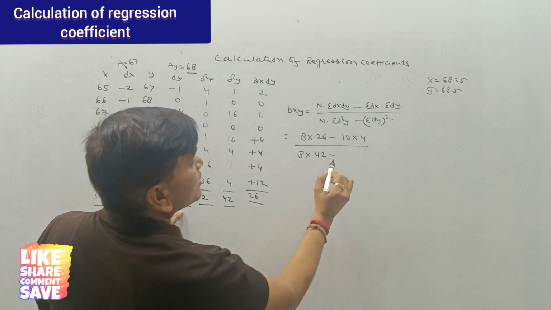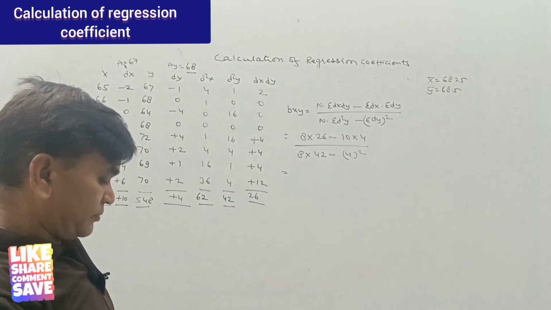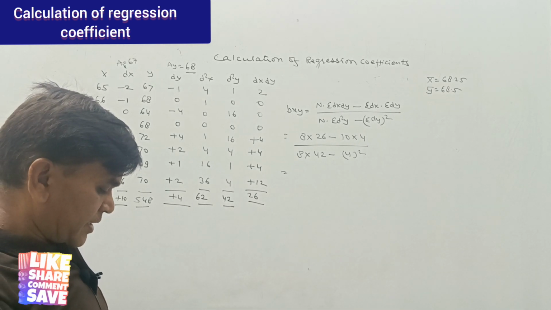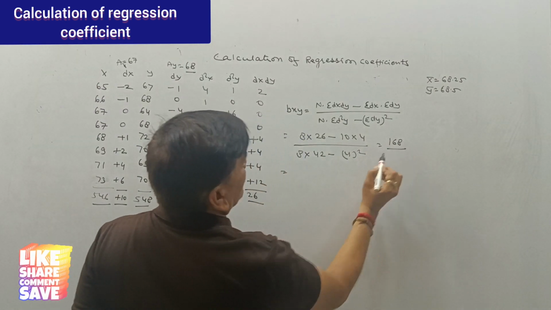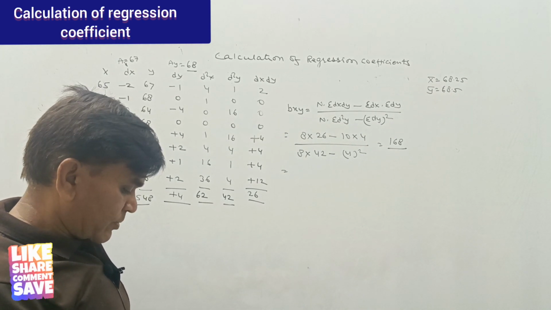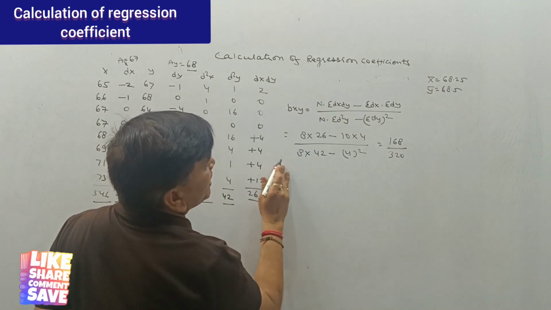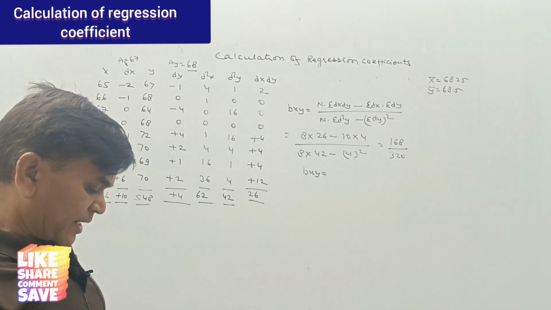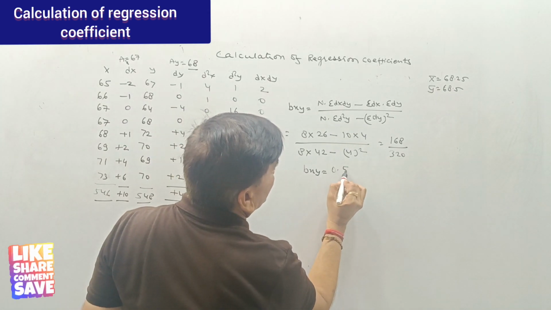So the upper value is 8 multiplied by 26 minus 10 multiplied by 4, that is 168. The lower value is 8 multiplied by 42 minus 4 multiplied by 4, that is 320. So bxy will be 168 divided by 320, that is 0.525.